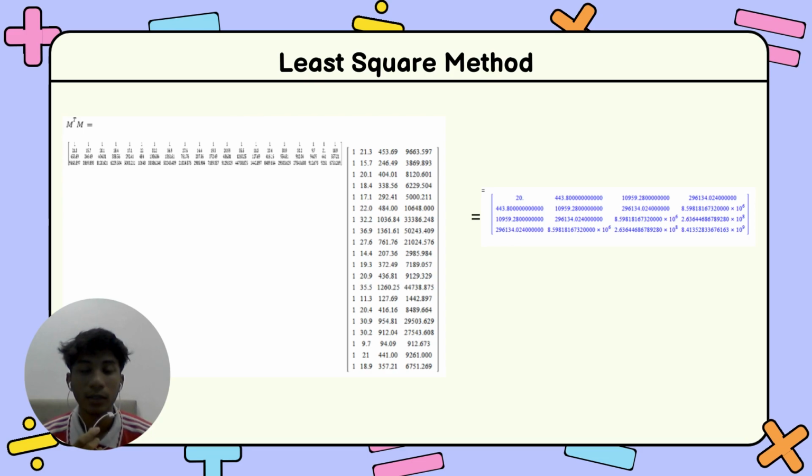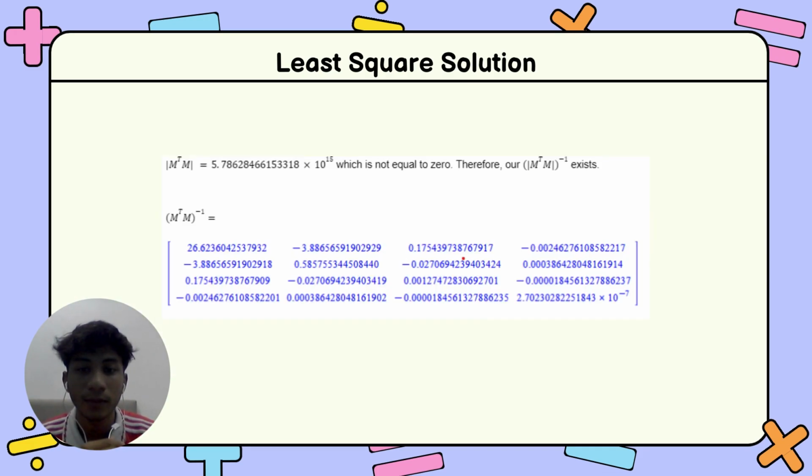Next, we need to find the value of matrix M transpose M, and we will get the 4 by 4 matrix of M transpose M. After we find matrix M transpose M, we need to calculate the determinant of the matrix, and we will get the value of 5.7863 times 10 to the power of 15, which is not equal to 0.